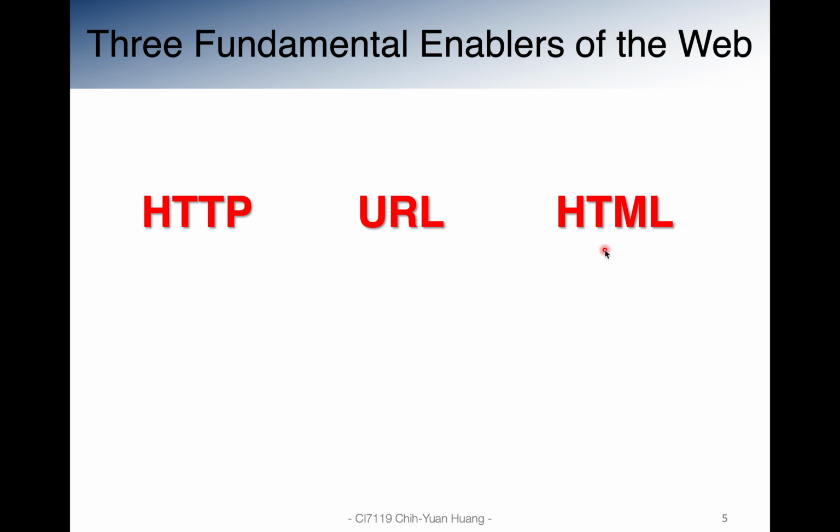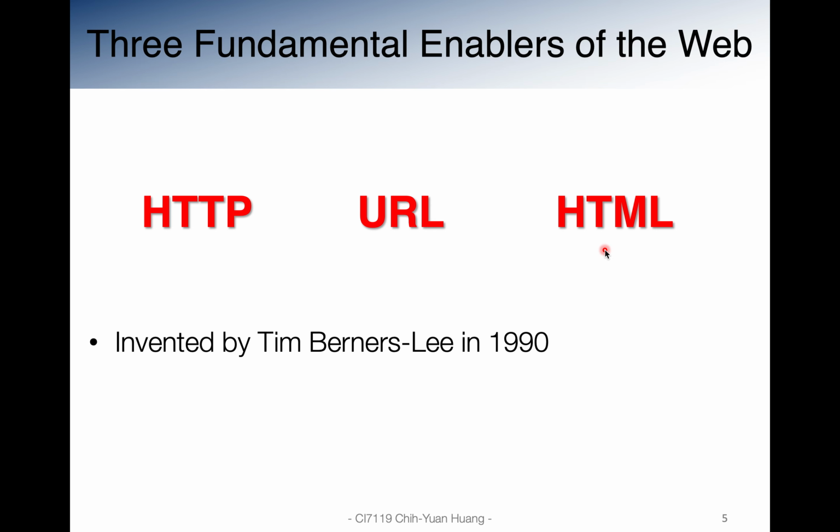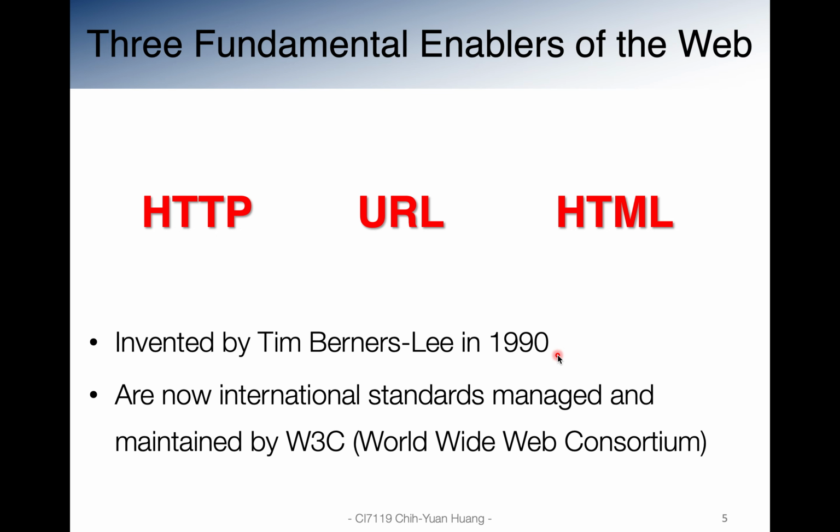These three standards were first invented by Tim Berners-Lee in 1990. Nowadays, they are international standards managed and maintained by one international standards organization, the W3C, the World Wide Web Consortium. Later on, we are going to introduce these three standards one by one.